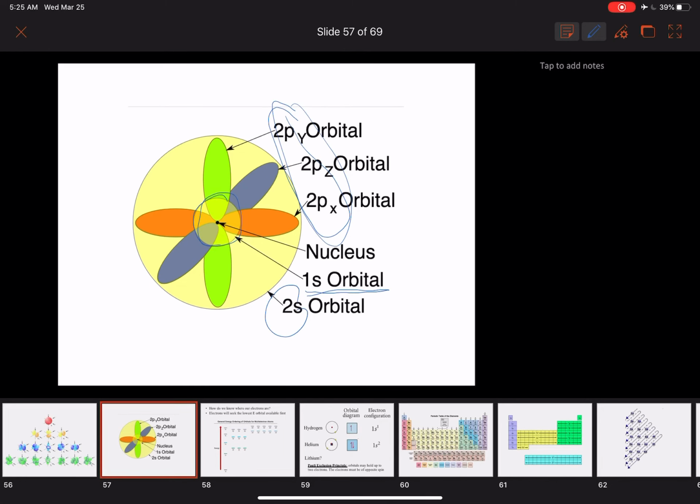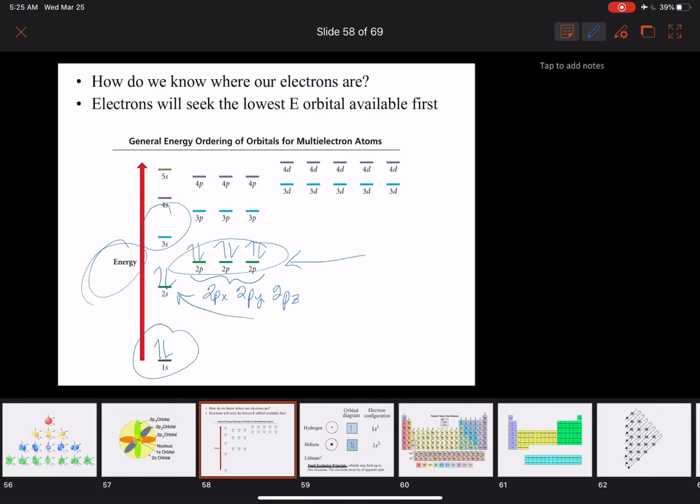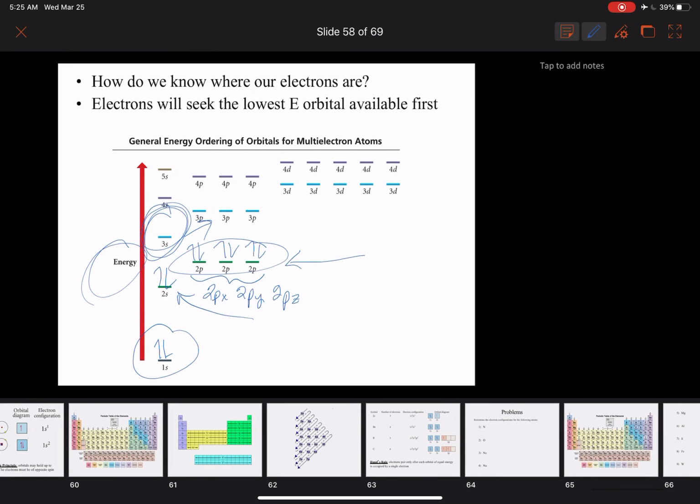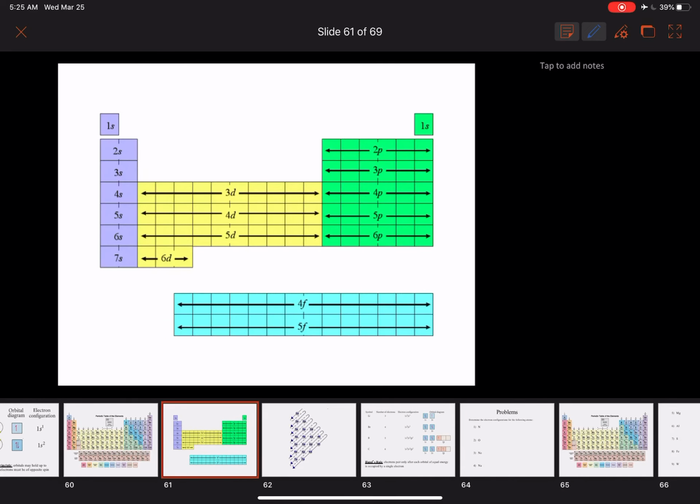So if we go to this picture right here and we see that we fill up all of those orbitals, what would happen is next we're going to open up the third shell. So boom, our atom is getting bigger. The electron cloud is getting bigger. So we have 3s that opens up. And then we can see that after we fill the 3s with 2 electrons, we'll go to the 3p's. So hopefully this is making sense at this point. And if we want to look at it an even different way, we can take a look at this slide right here.